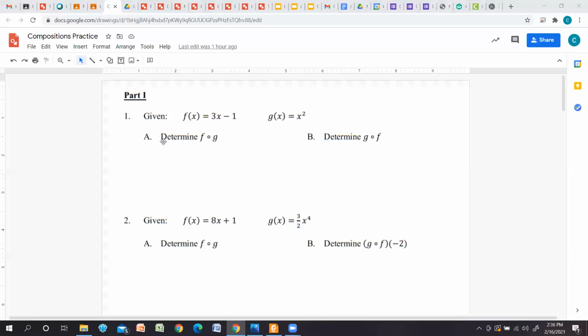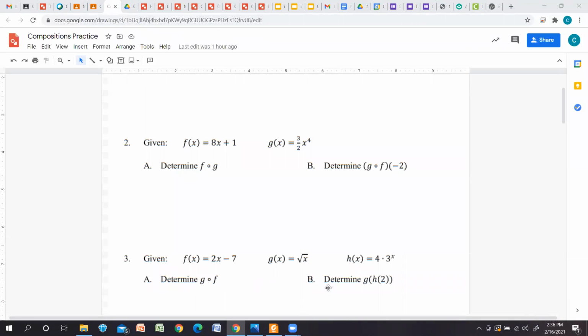For example, we have here, determine f of g, or f composed with g. f of x is 3x minus 1, and g of x is x squared. Now notice this does not mean f times g, okay? It's a very different thing. If it's an open circle like this, or if it has parentheses like this, it means the same thing.